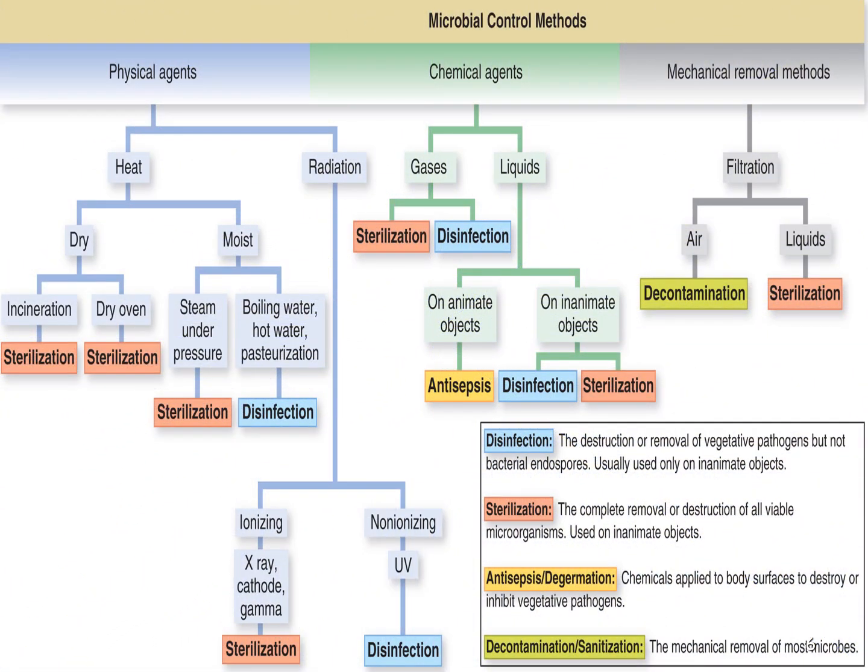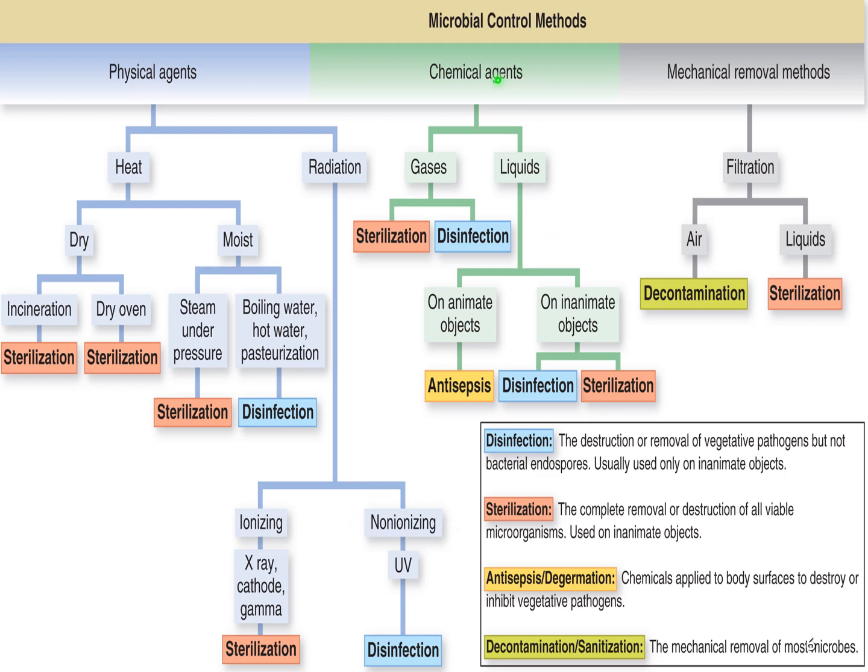So we can actually look at this chart and see the different varieties of microbial control methods. We have our physical agents, our chemical agents, and then mechanical removal methods. In the physical agents, we have both dry and moist heat, and we'll talk about both. And we have radiation, both ionizing and non-ionizing.